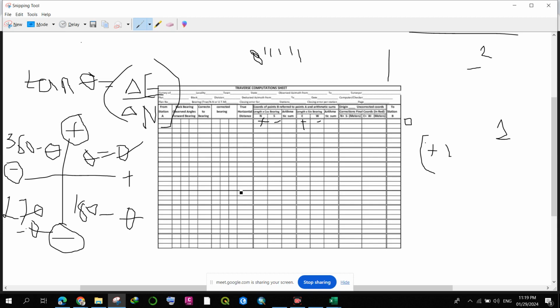You'll be given the coordinates for a point like this, and then they give you the bearing and the true horizontal distance here. They will ask you to calculate the partial northing, the partial easting, and the corrected coordinates. So this will now become a question mark for you. Did you get my point now?